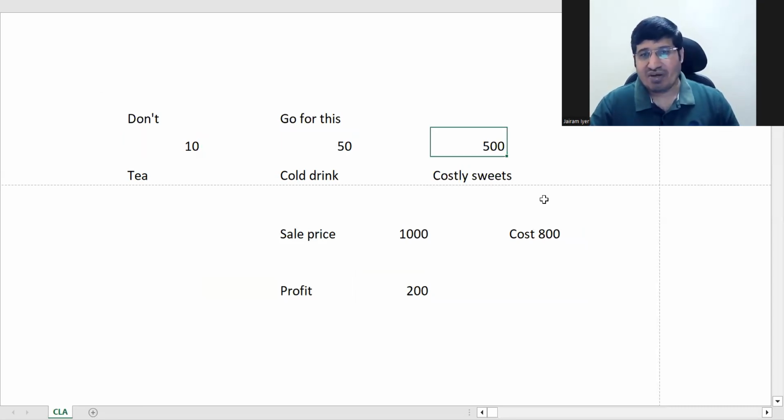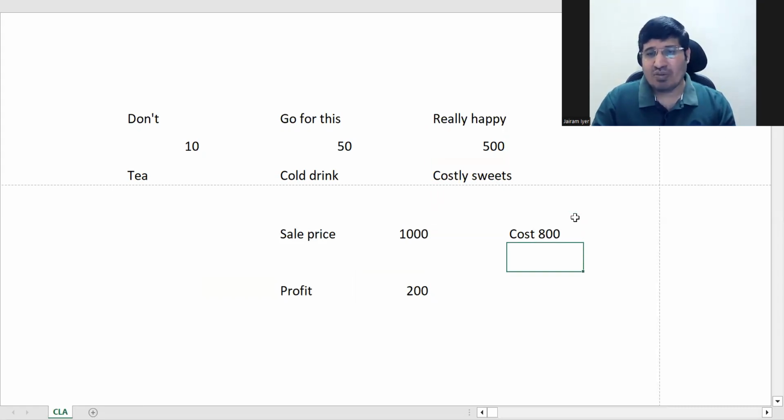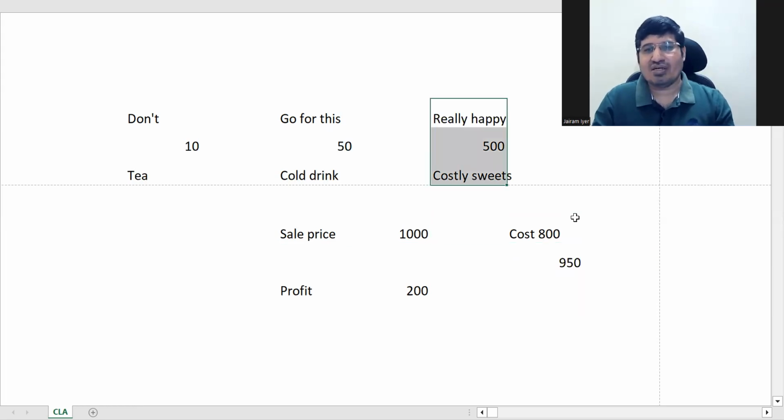But if you give this costly sweets of 500, he'll be really happy, but by doing this you are going above your cost target of 800. Cost is becoming 950, correct? So then you will not do it.